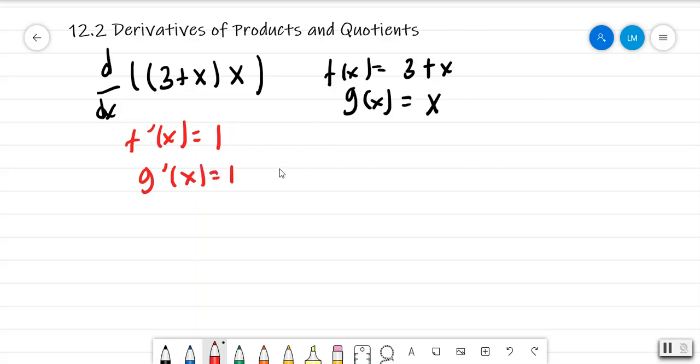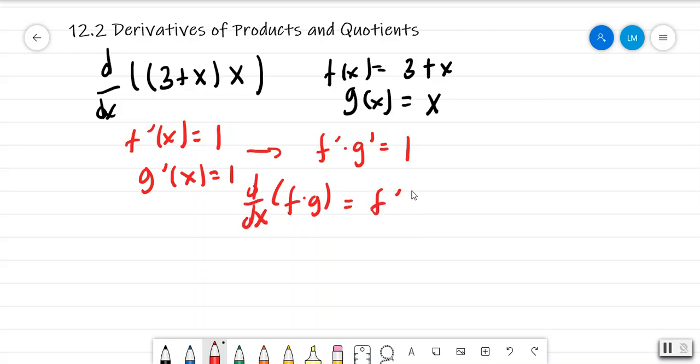But whenever we multiply that, that would imply that f prime times g prime equals 1. So it's like we're saying that the derivative of the product of f and g is equal to f prime times g prime of x. Okay, but this is actually not true.